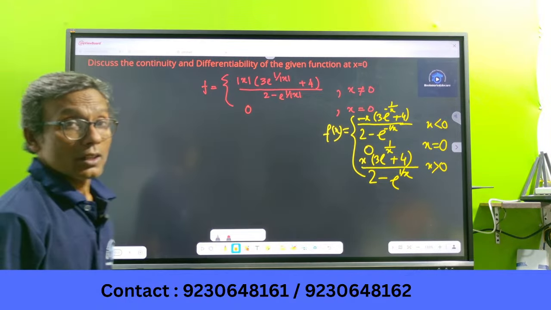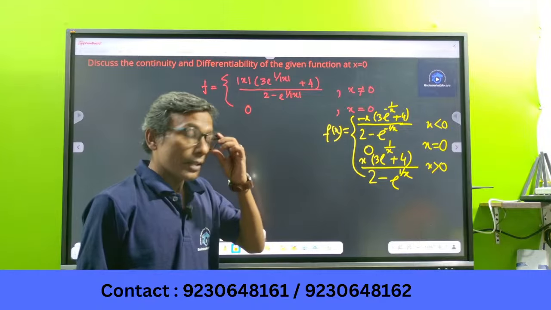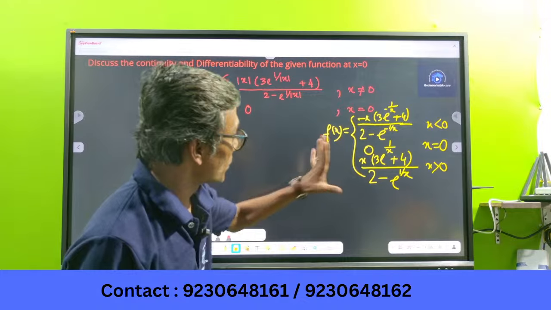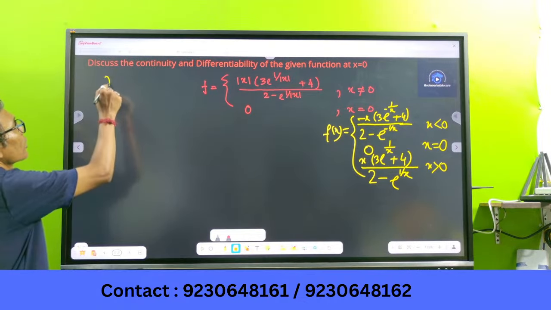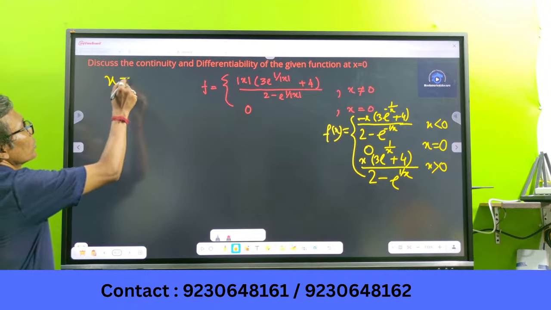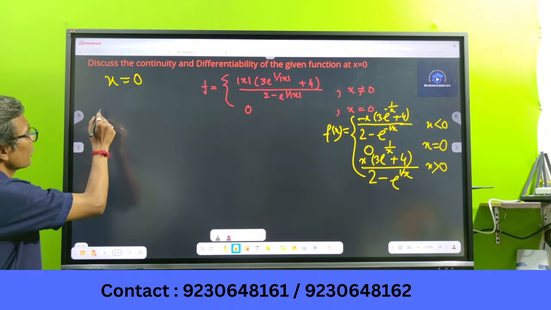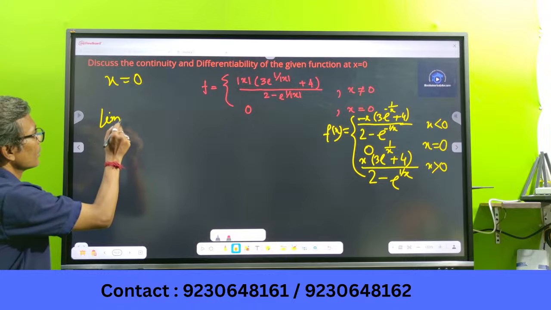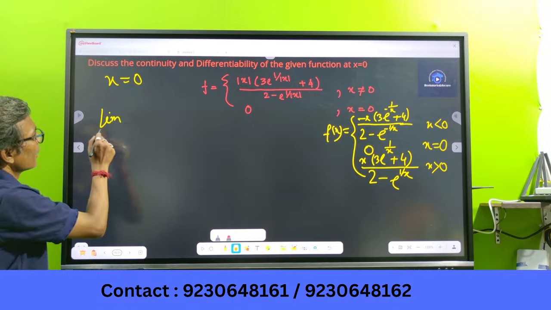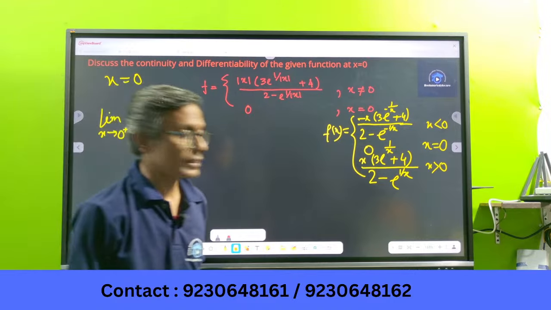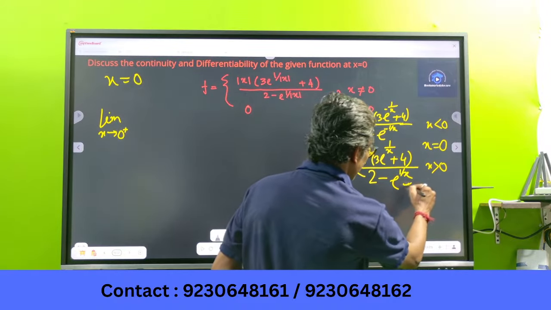So first of all, we have to check continuity at the point x is equal to 0. So at x is equal to 0, the right hand side limit of the function, limit x tends to 0 plus, is taken.